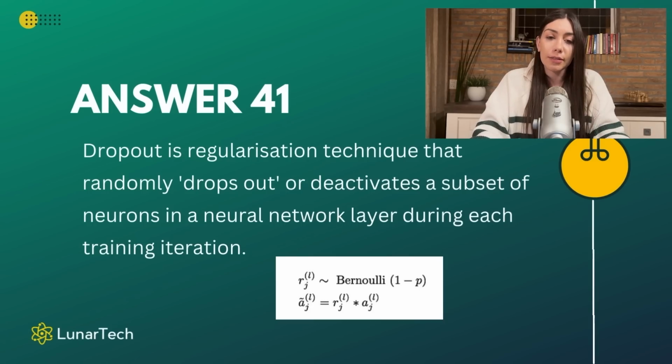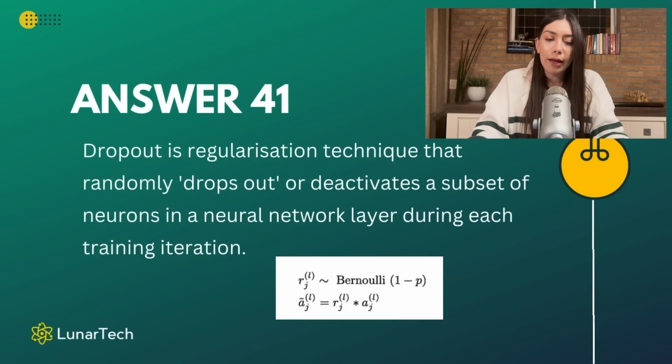And the way it does this is that it takes this probability, or you can also say proportion, P, which is simply a value between 0 and 1. And this refers to the proportion of neurons that need to be randomly deactivated. So P is the dropout rate.